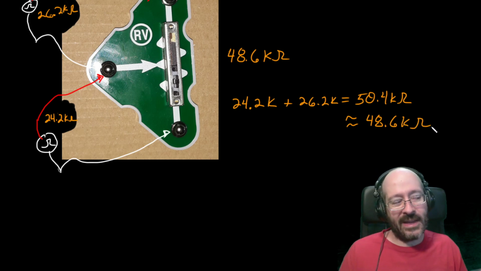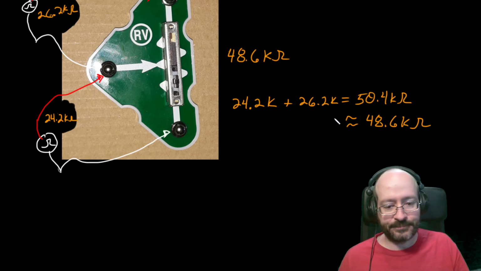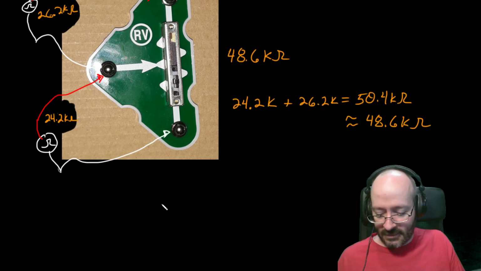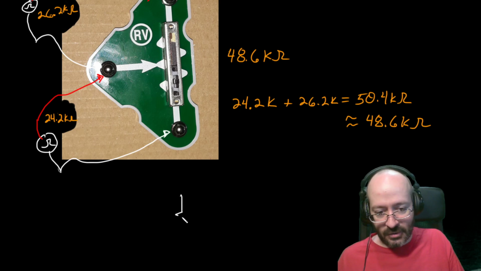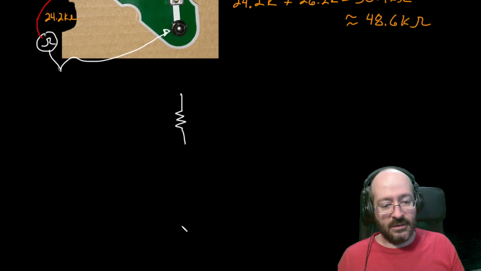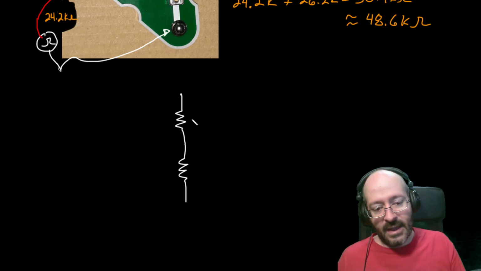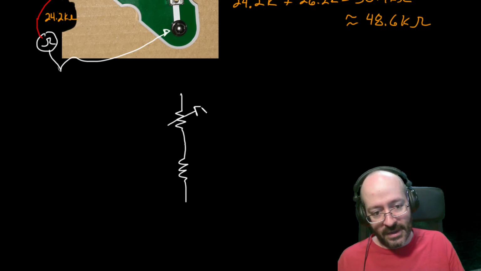So the other way that we can draw the schematic for this potentiometer is to split it into two resistors. Okay, so we may see a potentiometer drawn this way, and they're going to vary, and because they vary, we put an arrow through them at a diagonal.